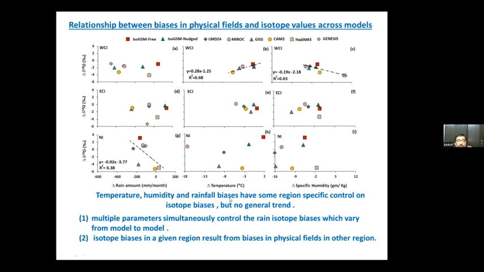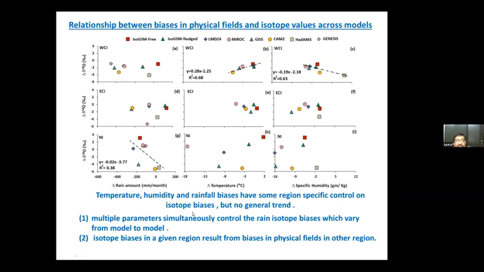So we also plotted the isotope biases against temperature biases: how the model estimated temperature, what the true temperature is, what their differences are, and whether these differences have any bearing on the isotope values. We again found some station-specific correlations, but overall there is no general trend.